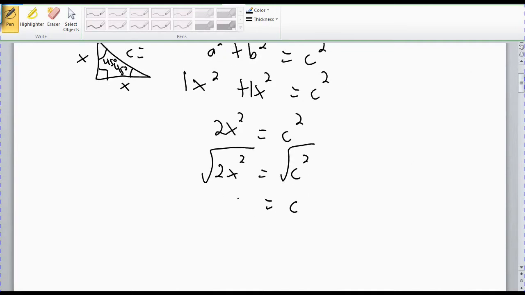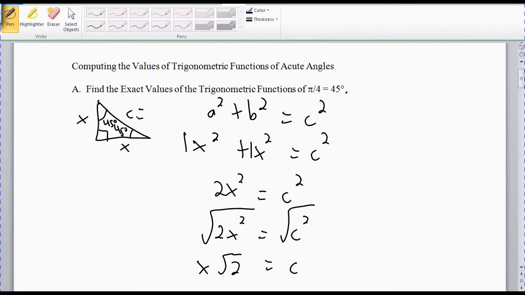And then we're going to assume that x is also positive, so the 2 stays underneath the square root, and for the square root of x squared, the exponent and the index cancel each other out, and the x is on the outside. Normally I'll put it on the back side, but I'm going to put it on the front so you won't be confused. So c is equal to x square root of 2.